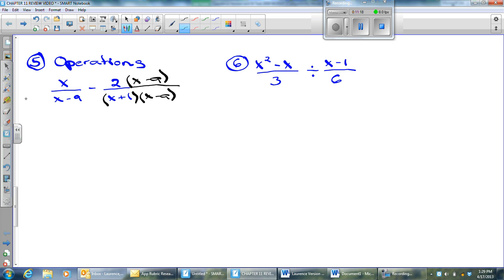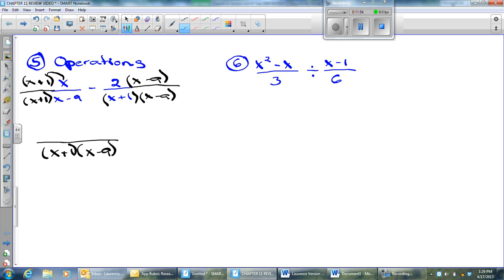And on this side, I can multiply this by x plus 1. And I have to multiply the numerator by x plus 1. Okay, remember this is just a form of 1. X plus 1 over x plus 1 is a form of 1. So we're not changing the problem, we're just making it so we can subtract. So now we have x plus 1 times x minus 9. And for the numerator of the first one, I'm going to distribute right now.